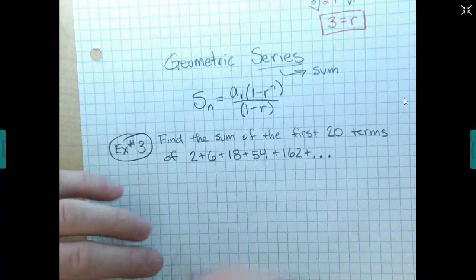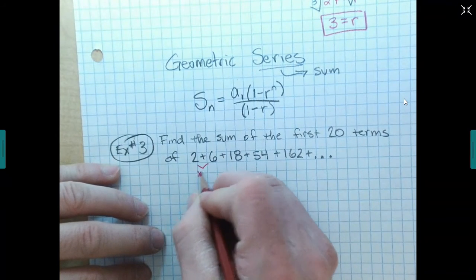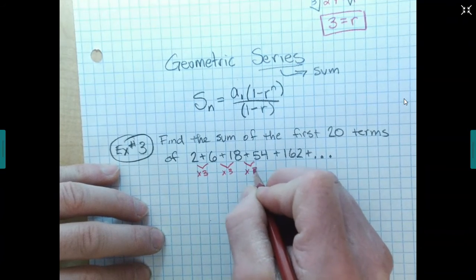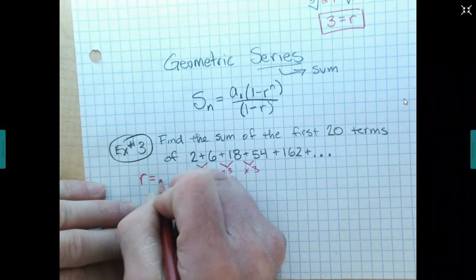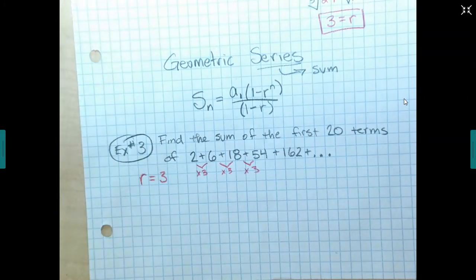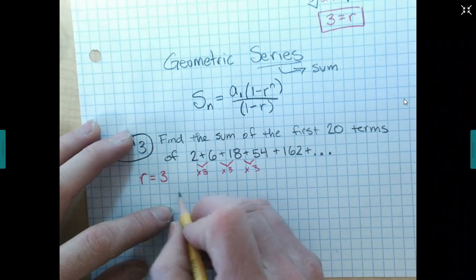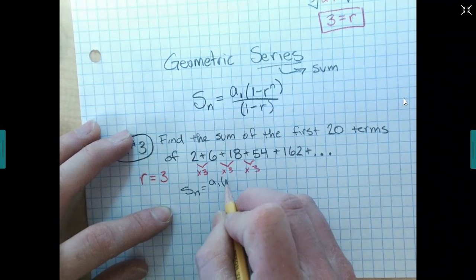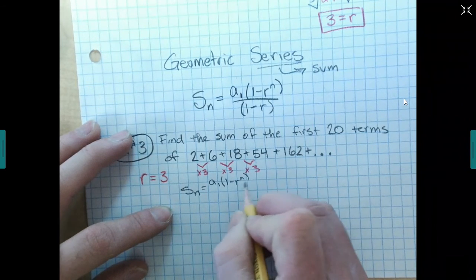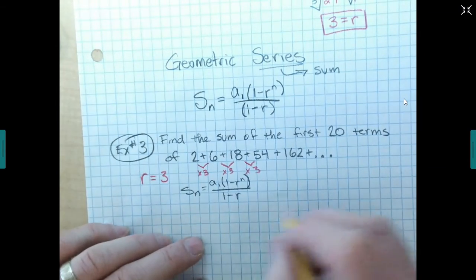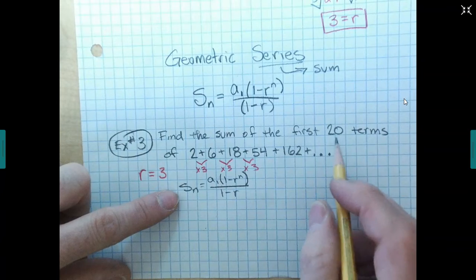So first, let's find our rate. So times 3, times 3. Okay, so our r equals 3. So we're going to plug that into this formula. Sn equals a1 times 1 minus r to the n power over 1 minus r. So Sn, we're looking for our 20th term.